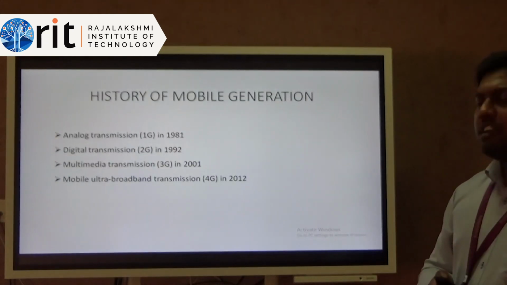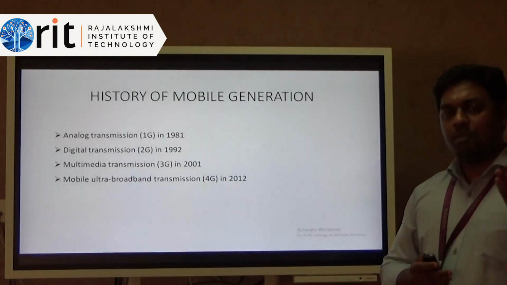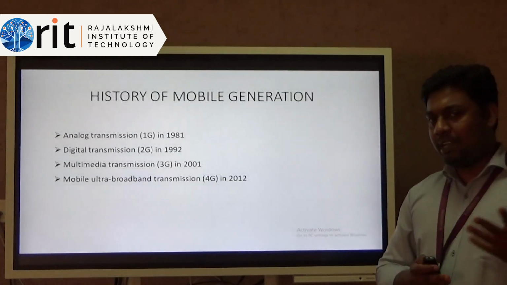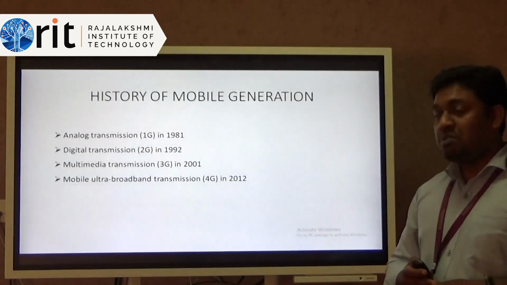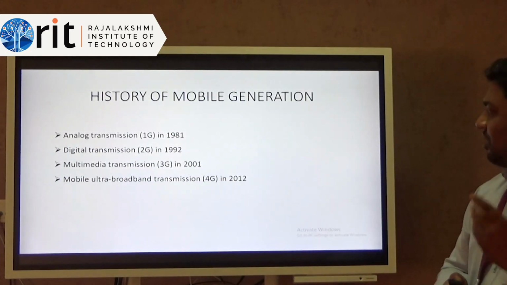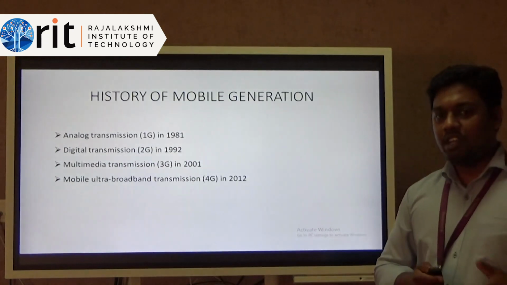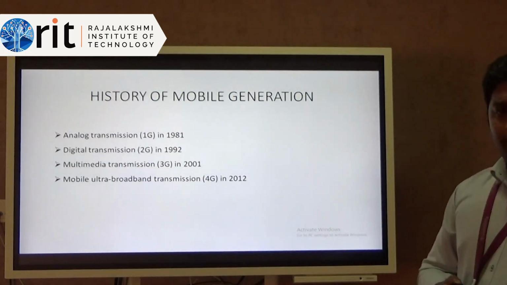Again we waited nearly 10 years, and in 2001 we got support for both audio and multimedia services. That is 3G. Later, again nearly 10 years, and finally in 2012 we released 4G, a broadband technology for high speed data transmission.